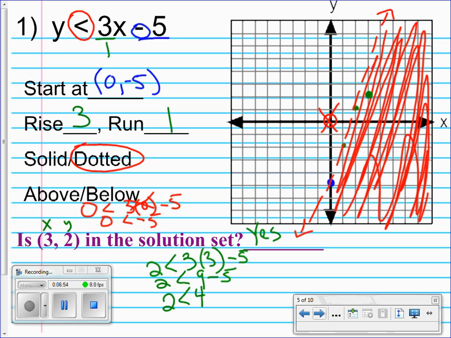Is 2 less than 4? Yes, it is. So I proved it algebraically, and I have the proof on the graph showing that my green dot, the point 3, 2, is in the shaded section.